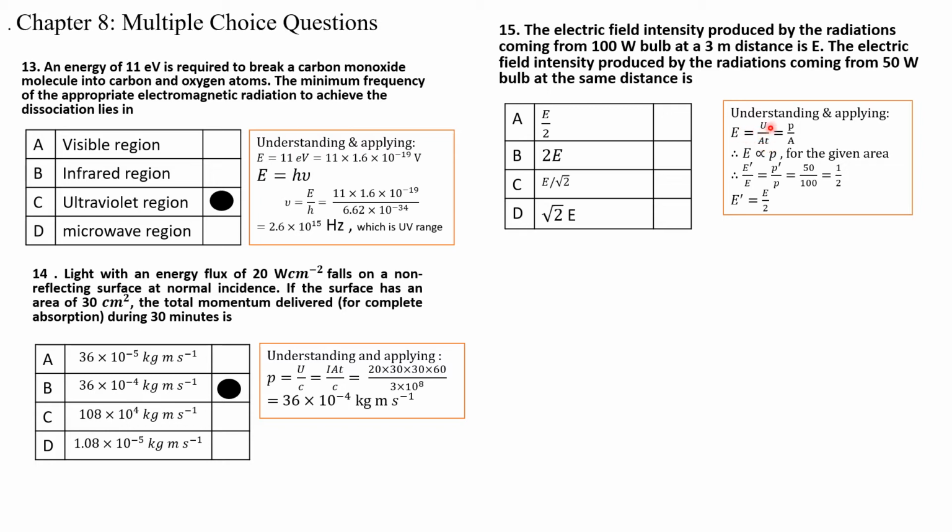E is equal to U divided by A into T, that is equal to P by A. So E is proportional to P. Therefore, for the given area, we have to compare the electric field intensity of a 100-watt bulb and a 50-watt bulb. Therefore, E dash by E is equal to 50 by 100, that is equal to 1 by 2. Therefore, E dash is equal to E by 2. Therefore, the correct answer is A.